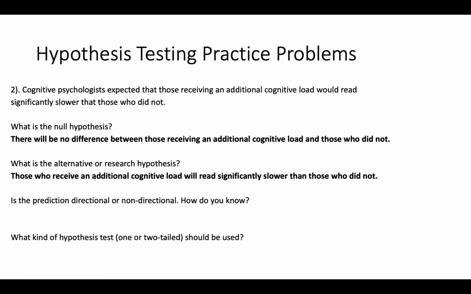Now, is this prediction directional or non-directional? It's directional. We have the word slower, right? So they'll take more time to read, or they will read at a slower rate. This gives us an indication of what direction we're expecting. So again, we would use a one-tailed test.